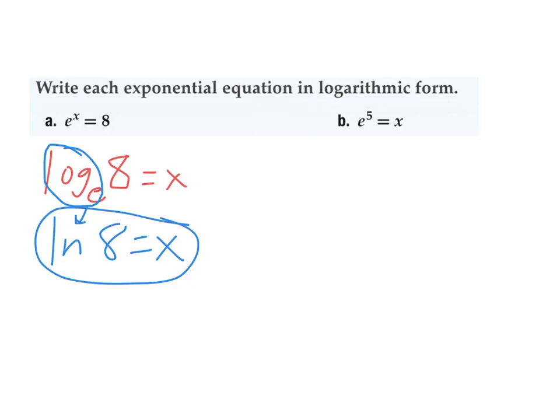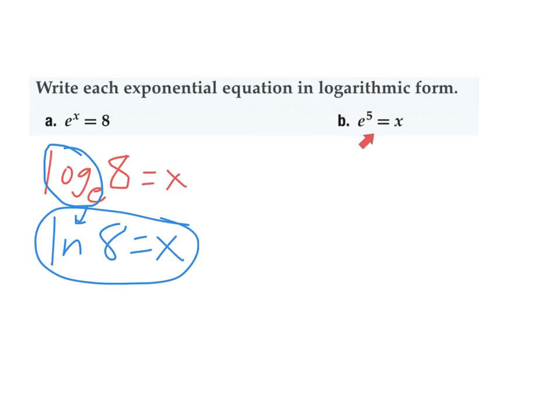Eventually, I want you to make the move to jumping from here to here without writing this line. And after you practice it a few times today, I think you'll probably have a good understanding of how to do that.